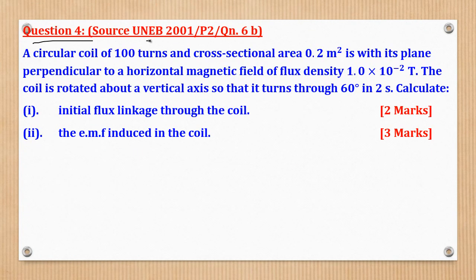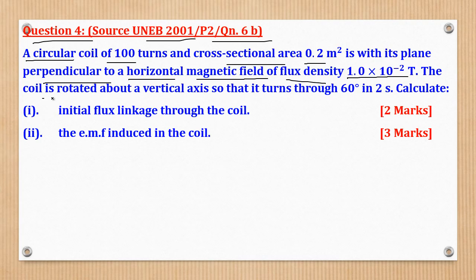So question 4 came from UACE 2001, paper 2, question 6b, and it says, a coil of 100 turns and cross-section area 0.2 meters squared is with its plane perpendicular to a horizontal magnetic field of flux density 1 exponent negative 2 Tesla.